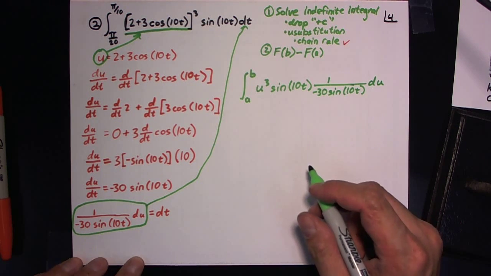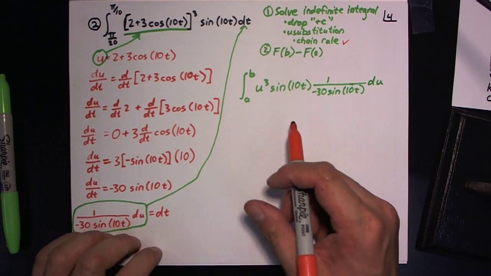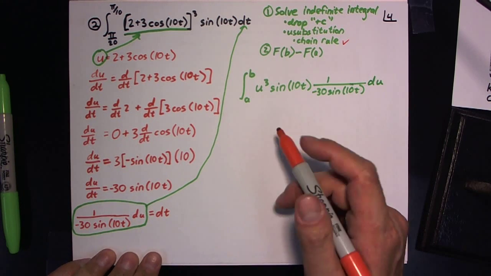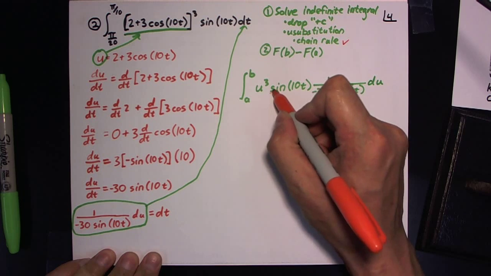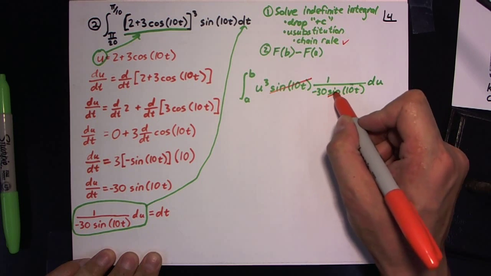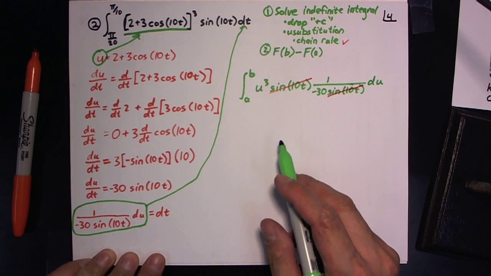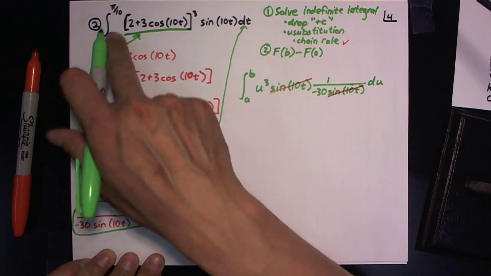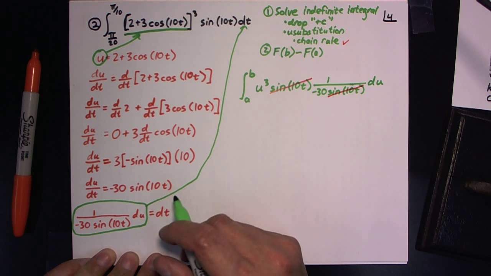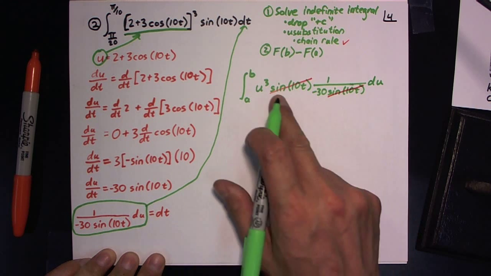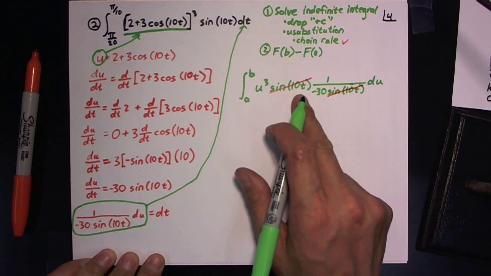Alright, this is a big ol' ugly function, but a lot of stuff cancels out really quickly. So, this whole part here cancels out with this whole part here. As long as t is not equal to 0, we're good here, and at none of these two points does t equal 0. Does sine of 10t equal 0.